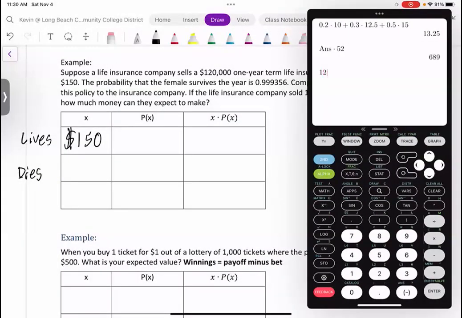They get $120,000 minus the 150 that they put in, because it's kind of like they're giving the money back to the person. So we say that she's down $119,850. Meaning we're down. As the insurance company, that's a negative for us.